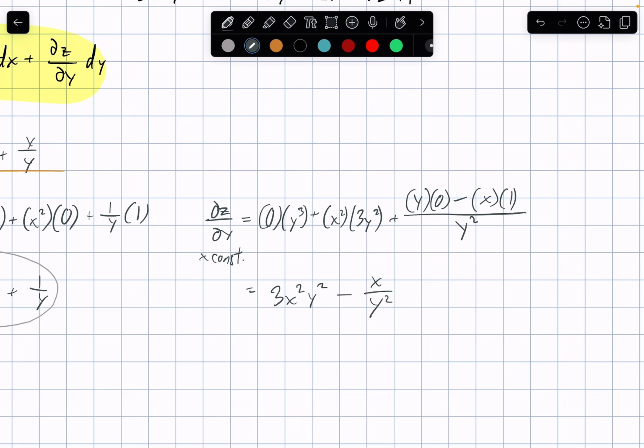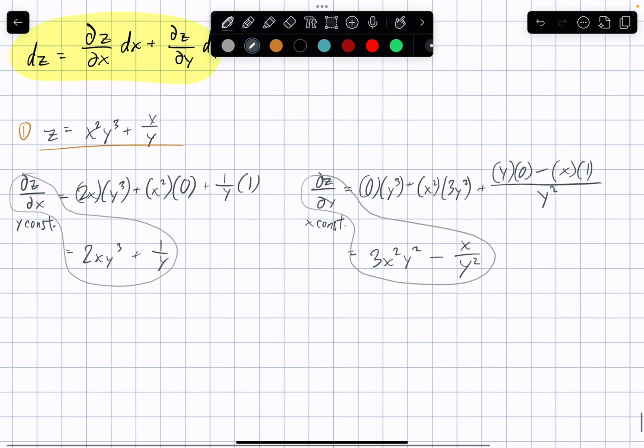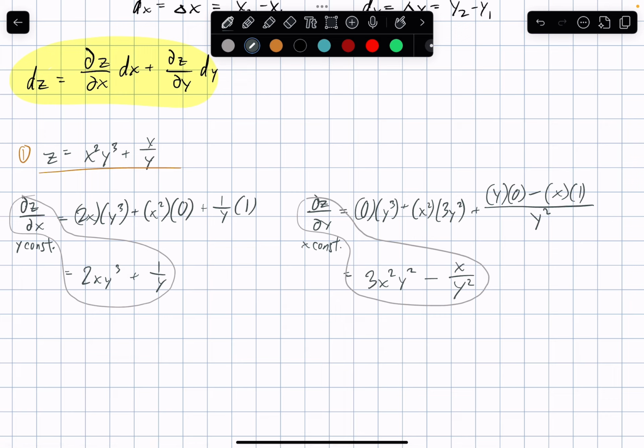So that's it. Now we substitute in the actual formula. So dz is equal to 2xy cubed plus 1 over y times dx plus 3x squared y squared minus x over y squared times dy.